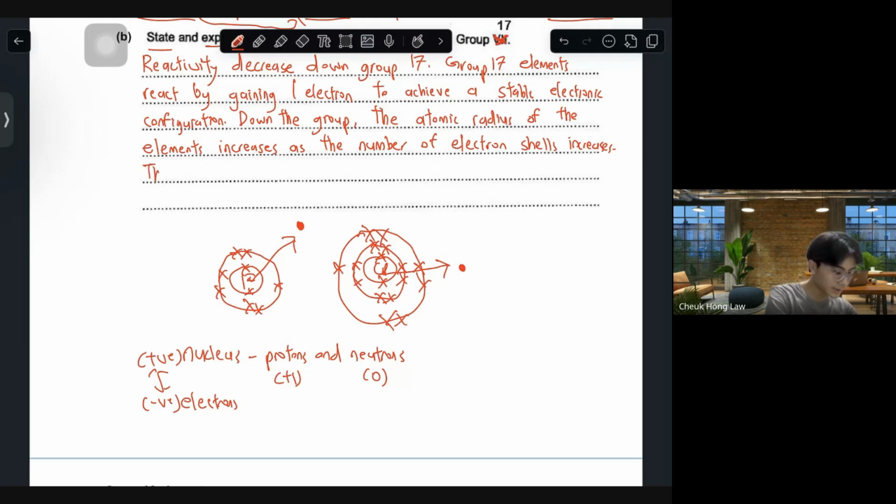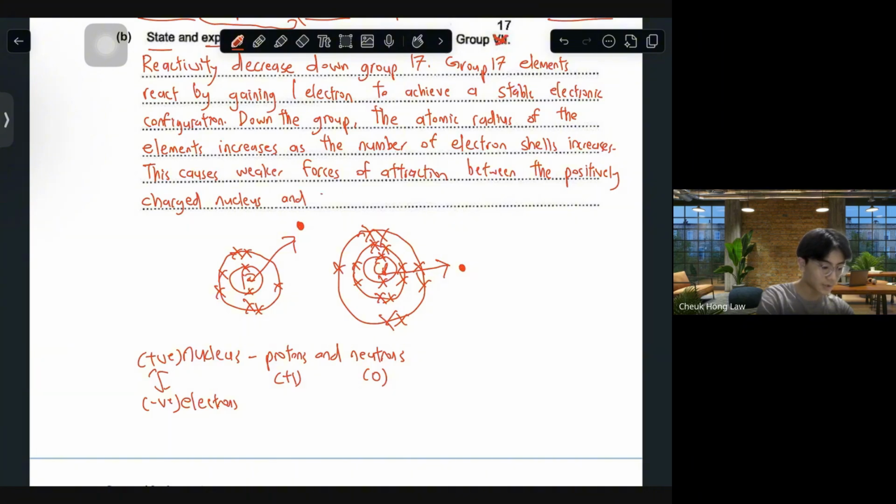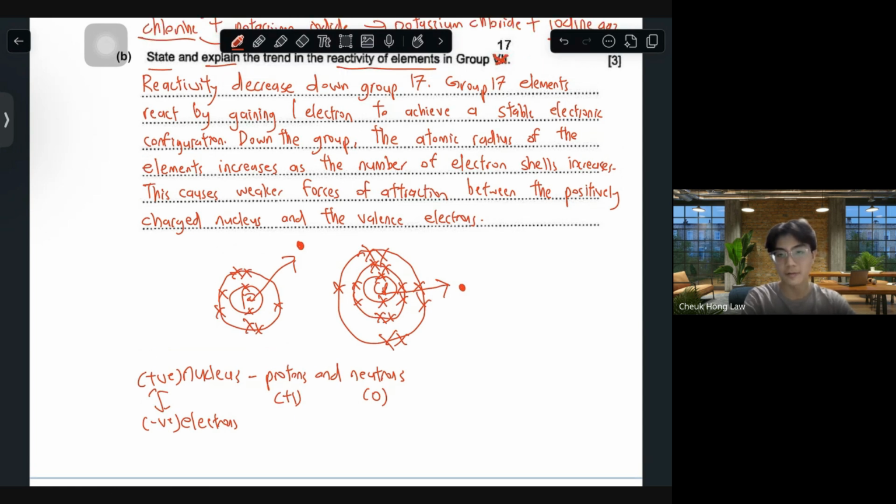So this causes weaker forces of attraction between the positively charged nucleus and the valence electrons. Therefore, your group 17 elements' reactivity decreases.